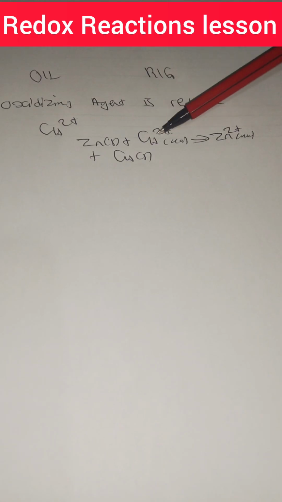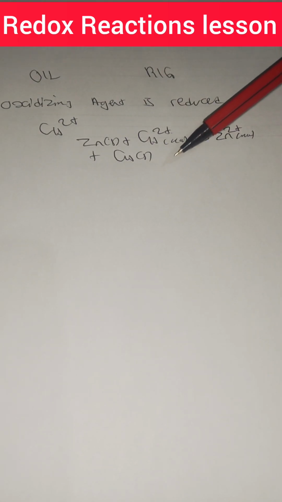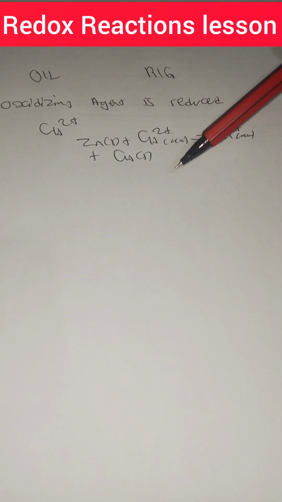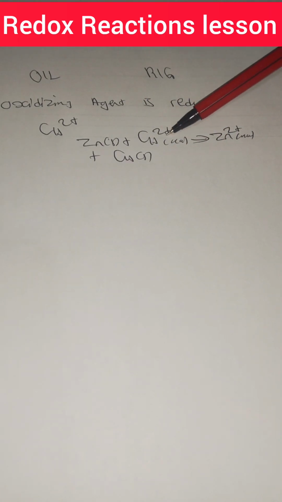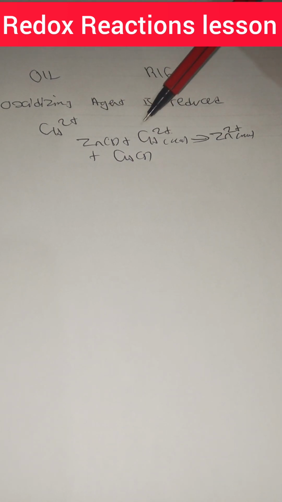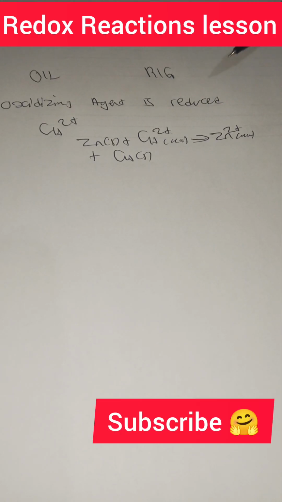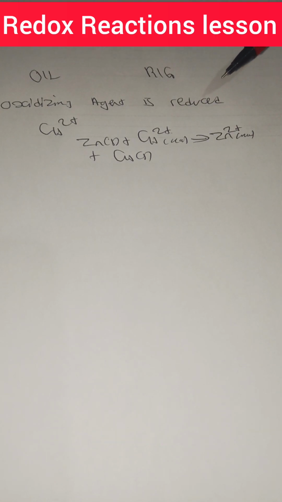And that is why we are saying that copper 2 plus is an oxidizing agent, and since it's an oxidizing agent, it has been reduced. That's what I said earlier, that an oxidizing agent is reduced. You can confirm, because something which had 2 plus had 2 electrons added to it for it to come to 0. So it means it has been reduced.